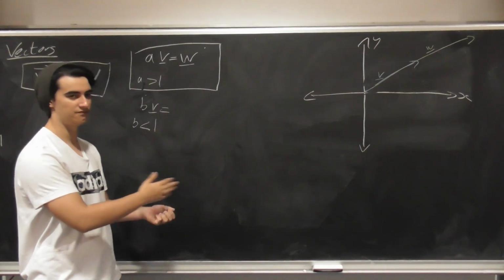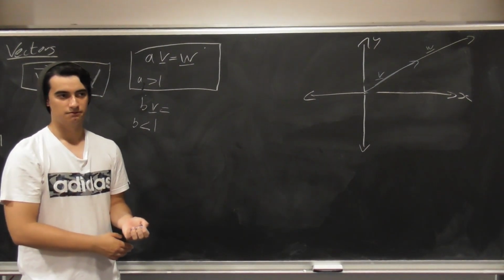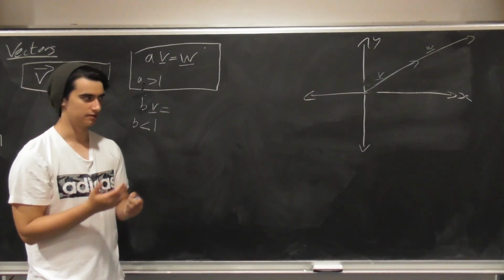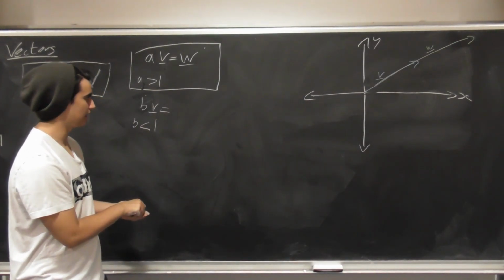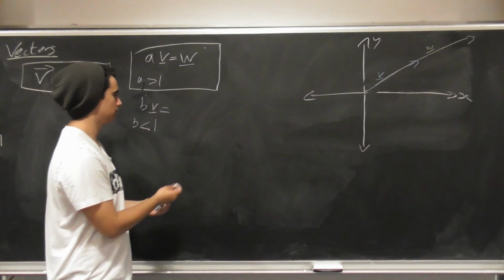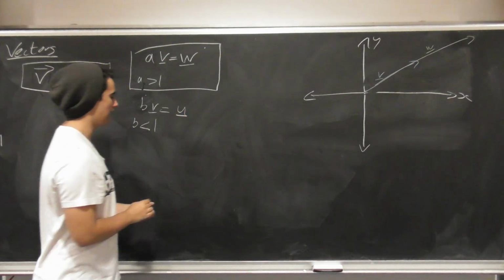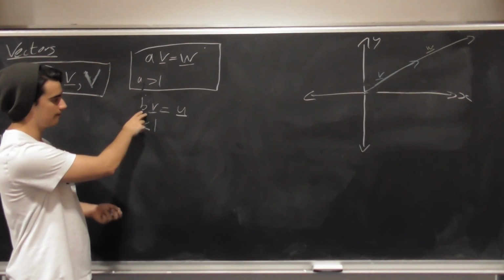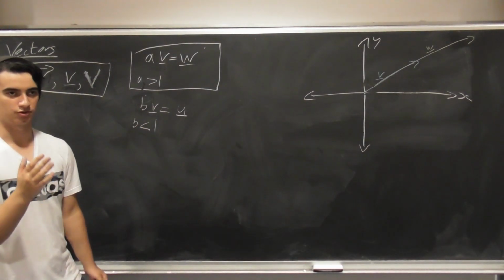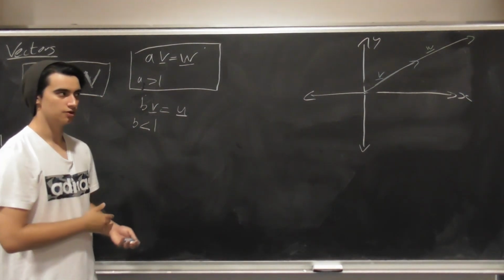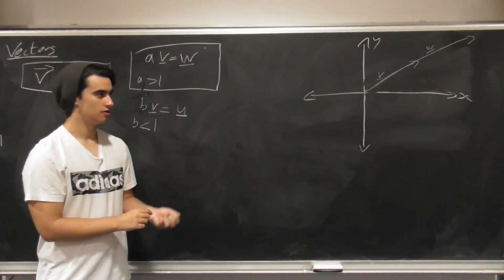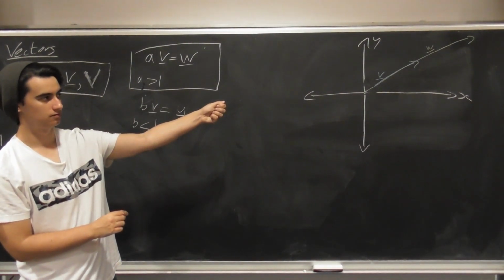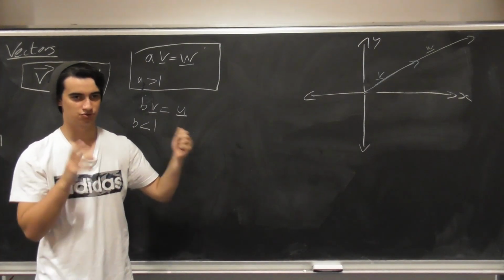If you have 5 multiplied by 0.1, it'll shrink. So if we have a new vector u, and we're multiplying our original vector v by something smaller than 1, it could be a half, a third, 0.9, anything like that, what will happen graphically?